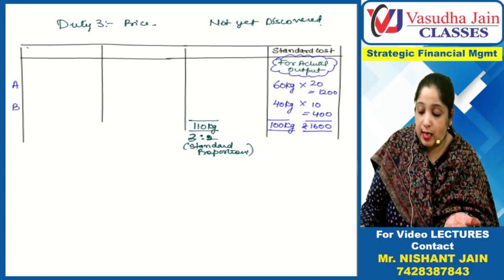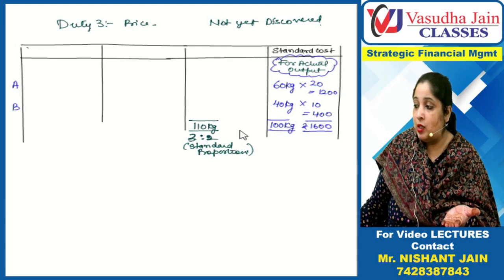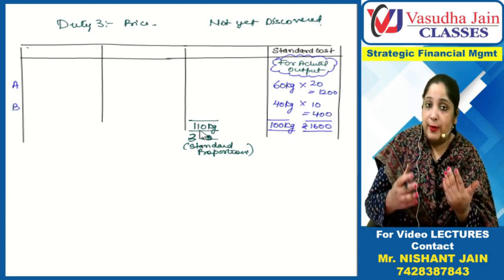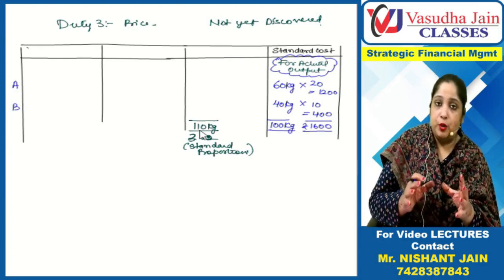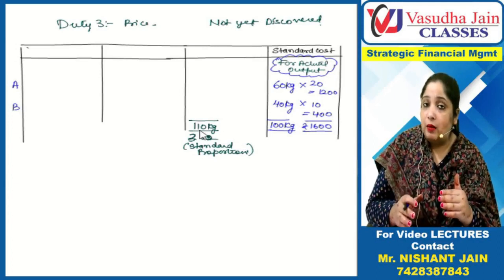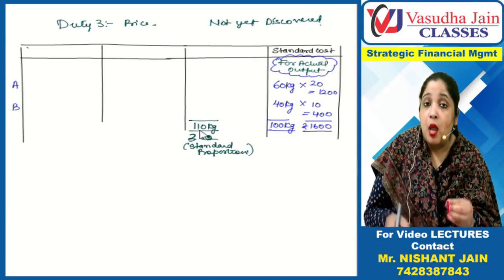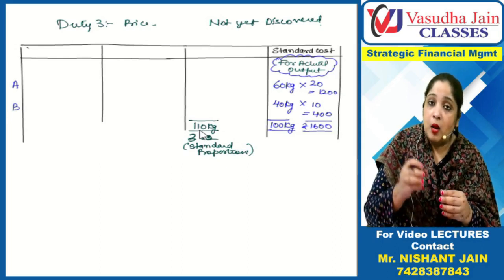So first mistake is that he has used more quantity of raw material. Instead of 100 kg, he has used 110 kg. I don't know whether the proportion has been changed or not, so I'm assuming the proportion is still the standard proportion. Okay. Do you understand what I'm saying? I have not yet figured out the second mistake. I just want to know how much effect the first mistake has had on the cost.